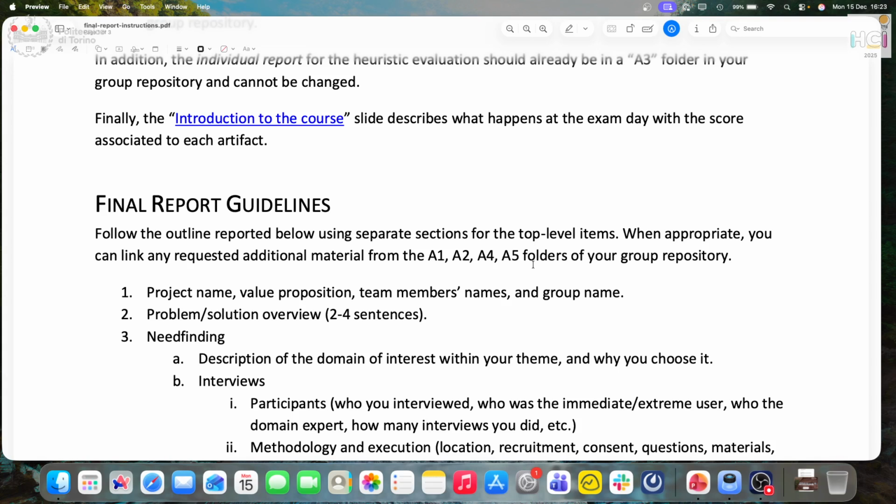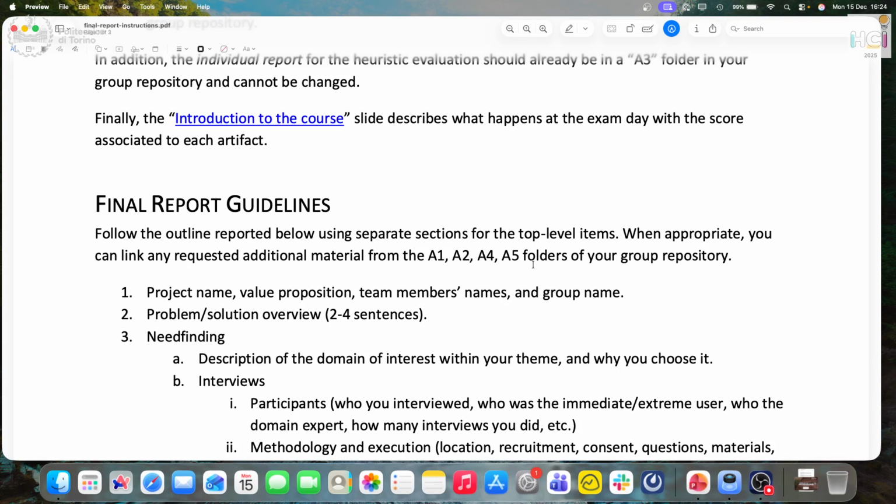So we recruited these people in this way, these are the questions, and so on, what you did in the interviews, what you did in usability testing, so that we have the information to assess whether you did the interviews properly, the usability testing properly, the paper prototype properly, or you did things randomly, or whatever is in the middle.